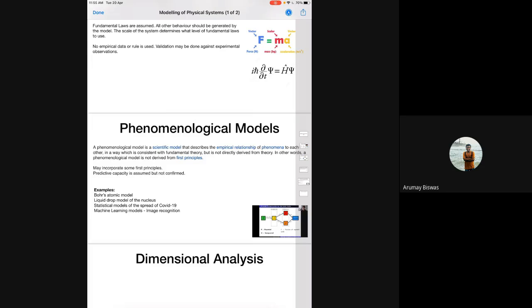But in a phenomenological model, you don't have a fair idea of that. So let's say for the coronavirus pandemic, if you construct a phenomenological model and you predict the death rate 1 week hence, your model may be perfectly good at doing that, or 2 weeks hence, but then it fails 1 month afterwards. So the predictive capacity is unknown.